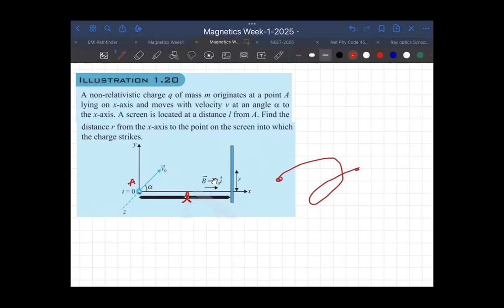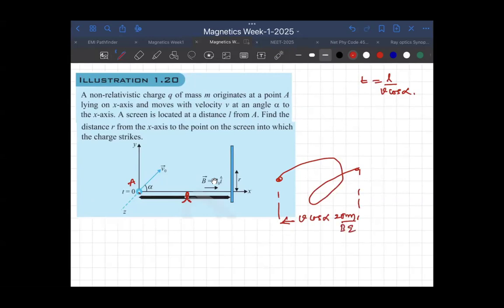So the time taken by the particle to reach the screen is t equal to L by v cos alpha. Suppose it is exactly one pitch, then the answer is very clear. What is one pitch distance? v cos alpha into time period, 2 pi m by Bq.